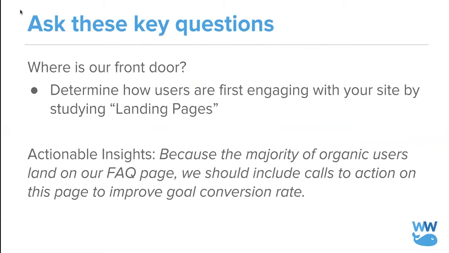We may see that because the majority of organic users land on the frequently asked questions page, we should optimize that page to drive those users to convert more goals. So maybe including calls to action on this page or changing something as simple as the color scheme to drive users to visit more pages on the site or take more specific actions like maybe signing up for an email.